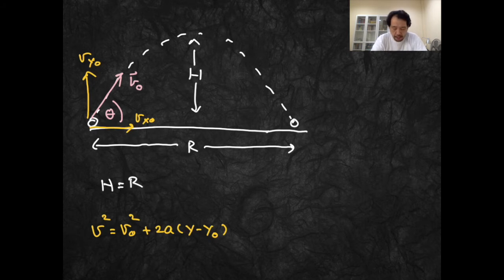Okay, so at the highest position, we know that at h, vy equal to 0, right? Vy equal to 0. So at the highest position, the object will not move further in the vertical direction because that is the highest position.